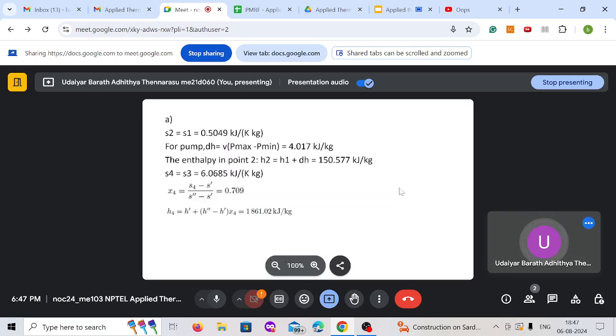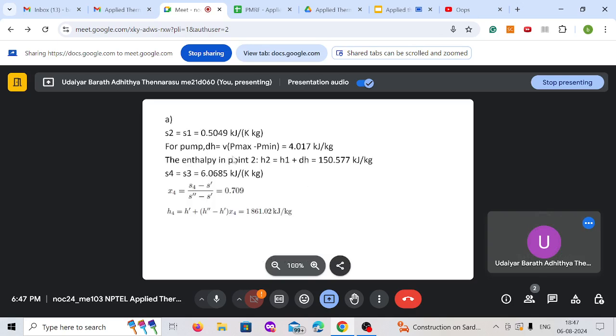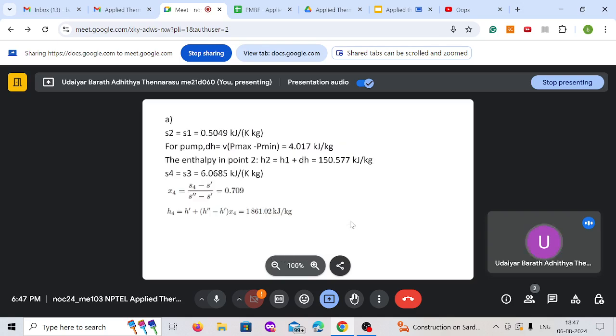So we'll see how to solve this. The first is S2 equals S1, the compression process. So the entropy S1 is 0.5049 from the table which is given.